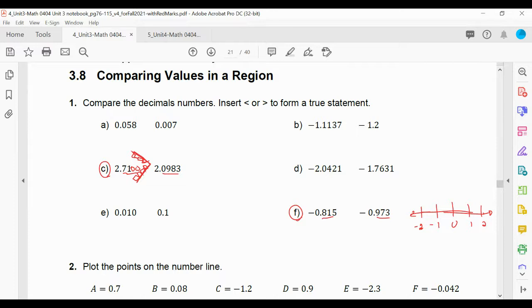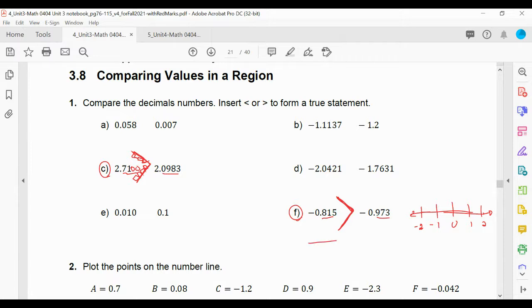So here we have 0.815 compared to 0.973. 973 is larger in value than 815. But since there's a negative, that would be the opposite. So 973 happens to be smaller than 815.